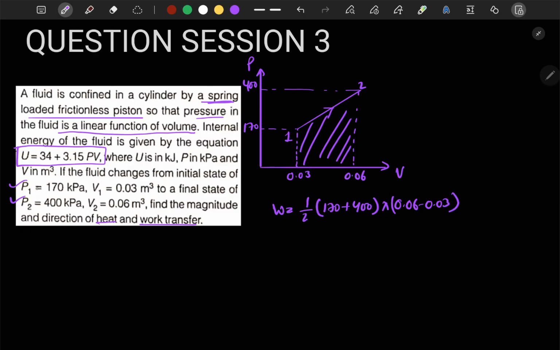So we calculate this value: 570 into 0.03, and we obtain work done equal to 8.55 kilojoule.